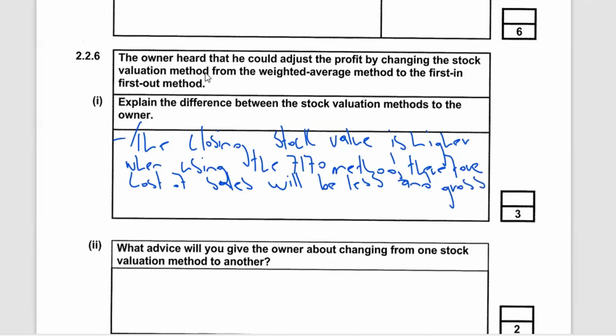So the closing stock value is higher when using the FIFO method. Therefore, cost of sales will be less and gross profit will be higher. Then you can also say with the weighted average method, the closing stock will be less, cost of sales higher, and profit will be less than the FIFO.